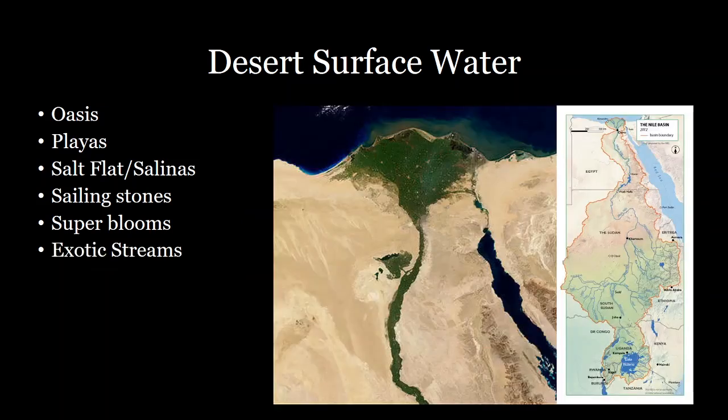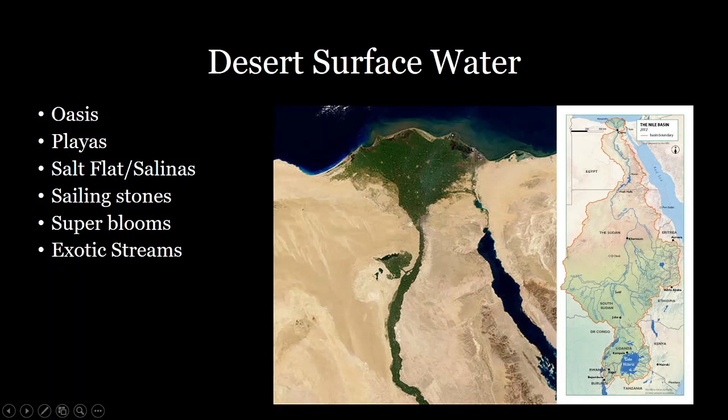Whenever you have a stream that's flowing through the desert, that stream is sometimes sourced from outside of that desert region. The most famous example of this, an exotic stream, is the Nile River. The Nile River mainly gets its water from areas as far south as Tanzania and Rwanda, and that water then flows all the way north into Egypt.